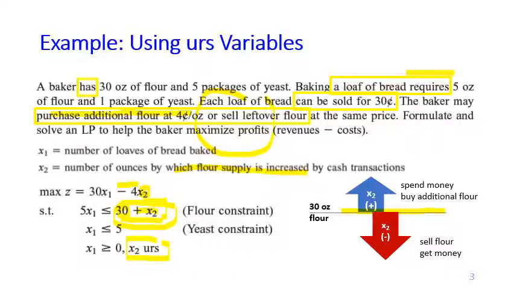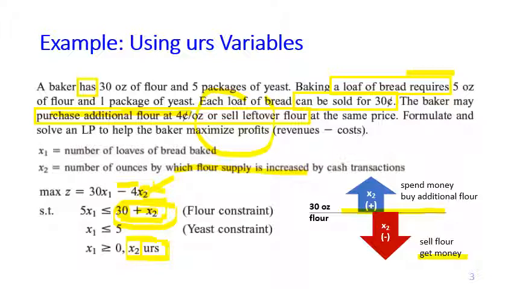But then from selling flour, you will get the money. So the objective is 30x1 minus 4x2. But if the x2 itself is negative, it means that you are getting money from selling the flour, right?